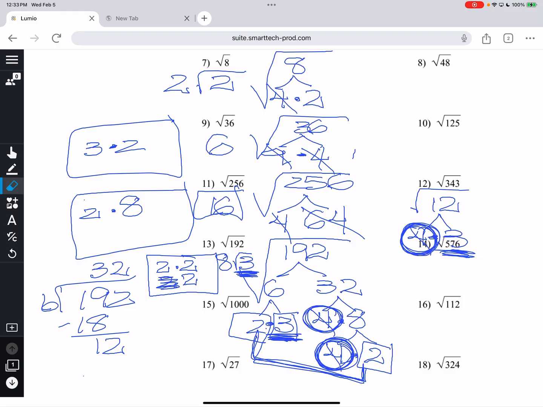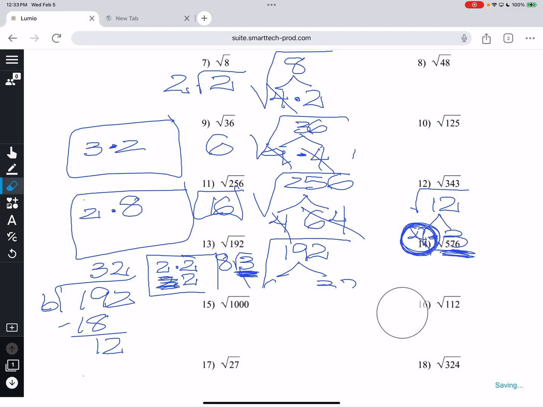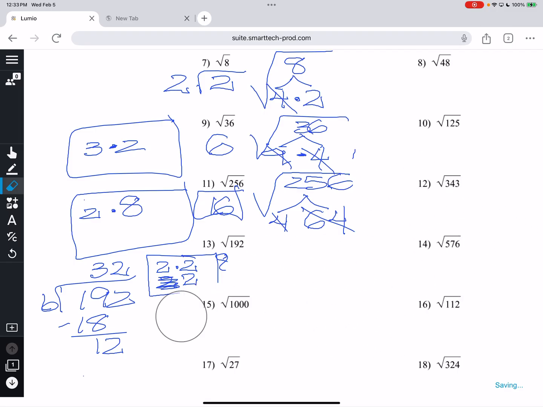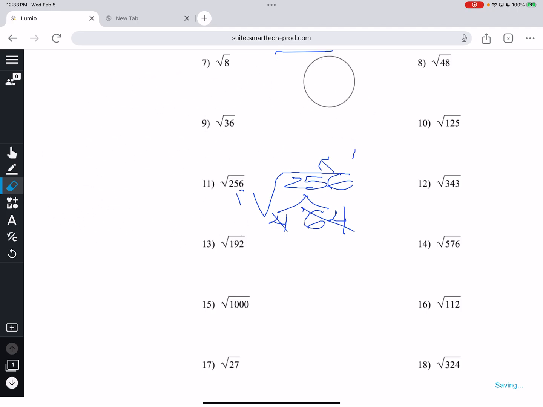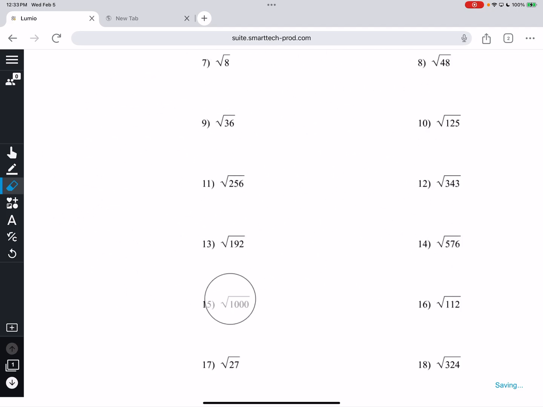We have 1,000 underneath. What do we know by our divisibility rules that can go into 1,000? 10. What else? 100, from our rules. 5, 5, 10. 50, we're not going to count by fives.